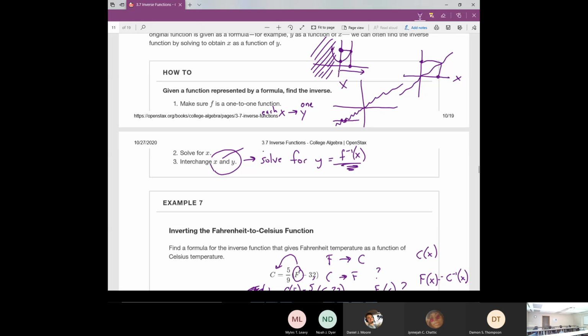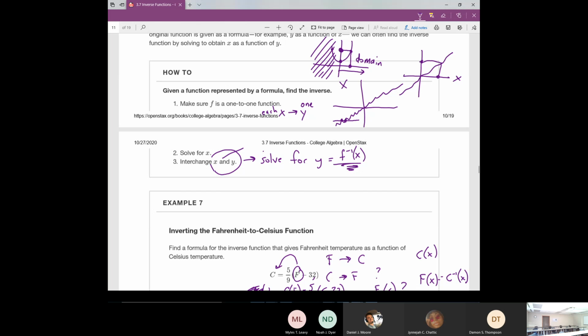So a parabola is not one-to-one across the entire range. This particular parabola is one-to-one for only positive x. So the domain may determine when a function is one-to-one. And that's what we'll be looking back at, the whole one-to-one idea.